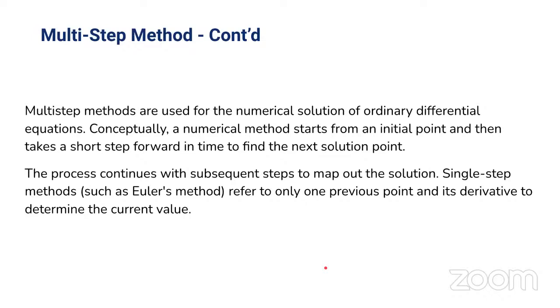Multi-step methods are used for the numerical solution of ordinary differential equations. Conceptually, a numerical method starts from an initial point and then takes a short step forward in time to find the next solution point. So basically, multi-step is not really the approximate solution in itself. It's just a means of solving the problem.